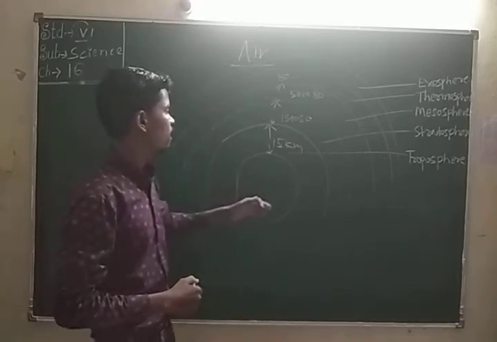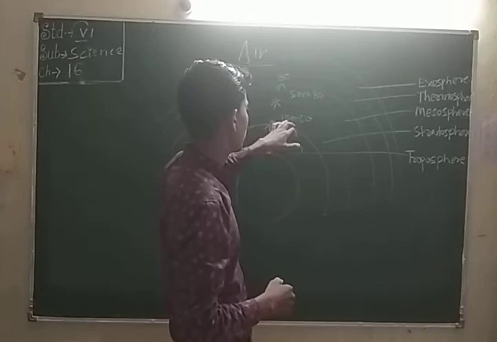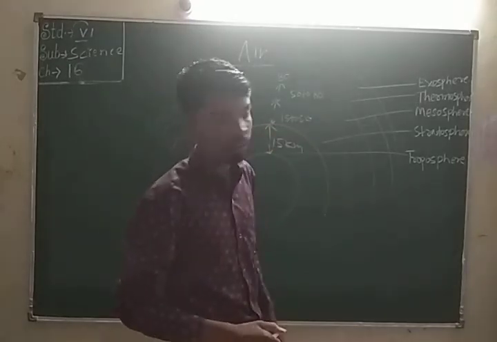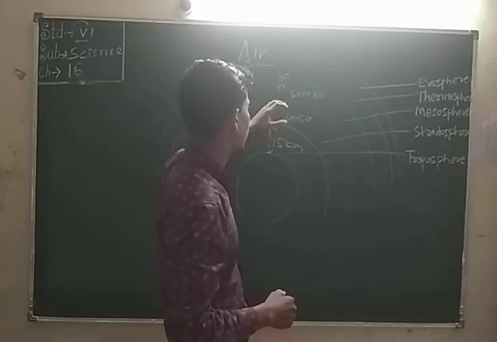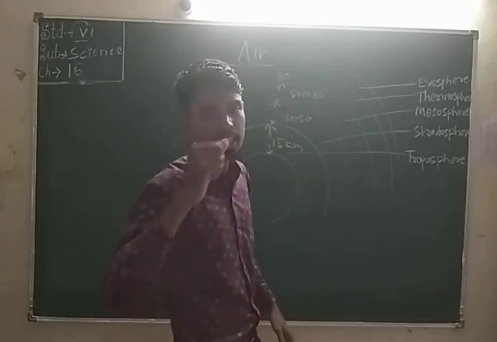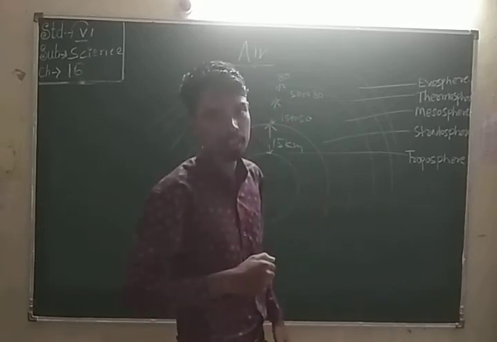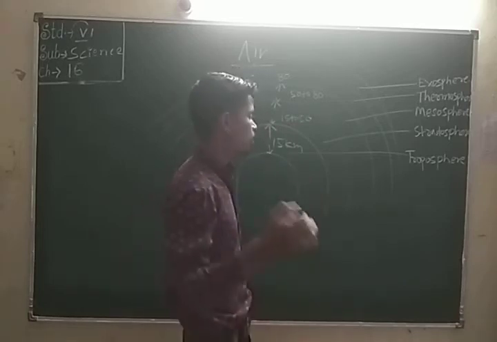Next, the stratosphere covers 15 km to 50 km. The upper part of the stratosphere has a thick layer, the ozone layer. Student, you already know about ozone layer depletion, and that ultraviolet rays are harmful and cause different types of disease.